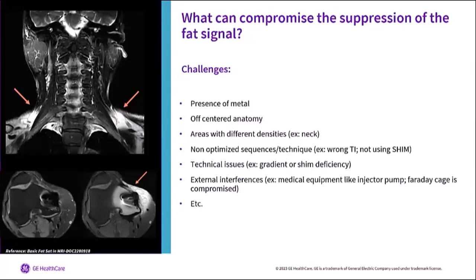Also non-optimized sequences and technique, for example, choosing the wrong inversion time or not applying a shim. There can also be technical issues like gradient or shim deficiency, and also external interferences, for example, medical equipment like an injector pump, any sort of Faraday cage compromise, or even something simpler like the scanning door not being closed properly. All of that will cause interferences with our fields.